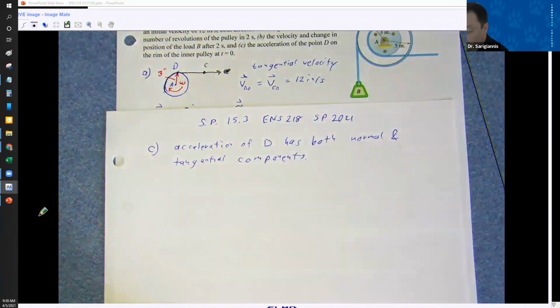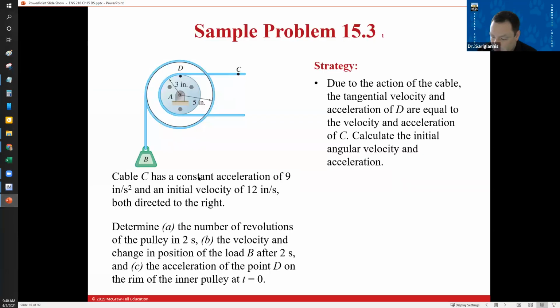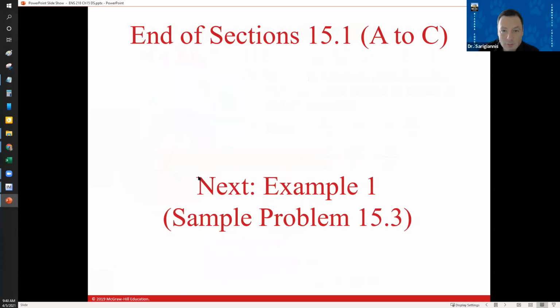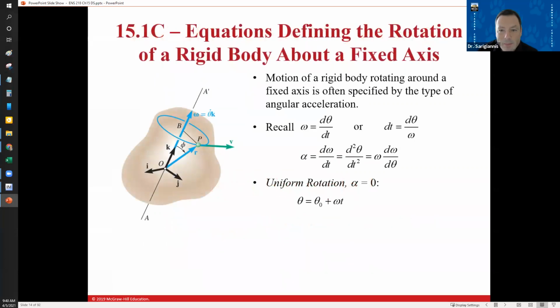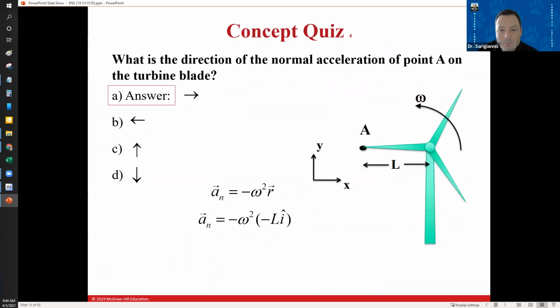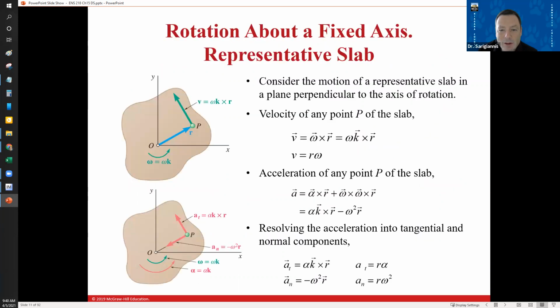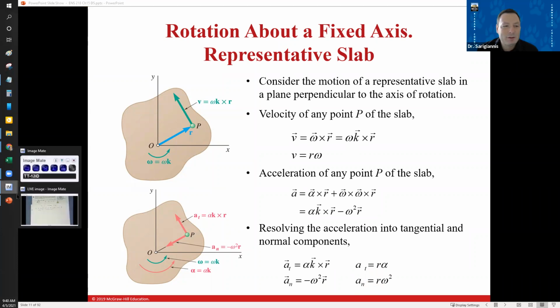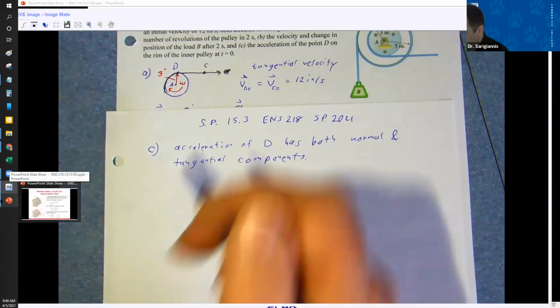In terms of the tangential component, we already figured that out: R times angular acceleration. I'm going to rewrite that. But then for the normal component, we're going to use this equation, R omega squared. So let's go back here.